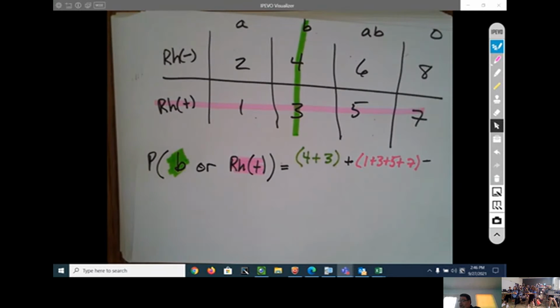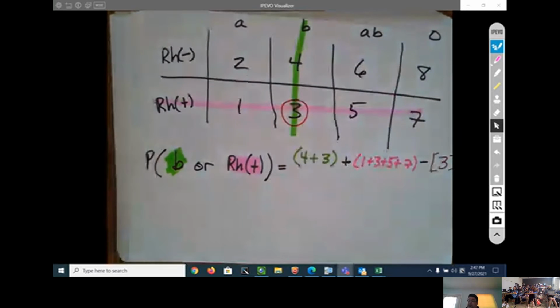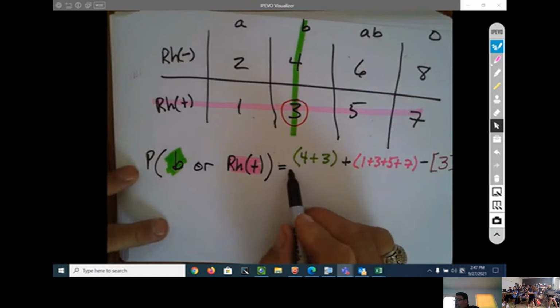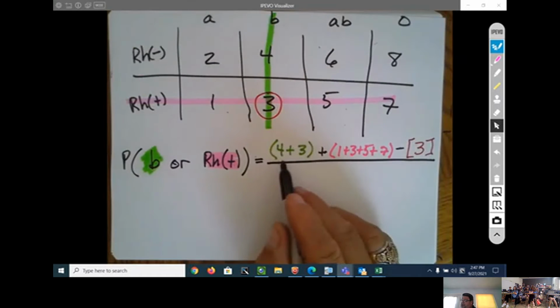Can somebody tell me what the overlap is? 3. Good job. And that's all you've got to remember when you're doing the additive law. So 4 plus 3.